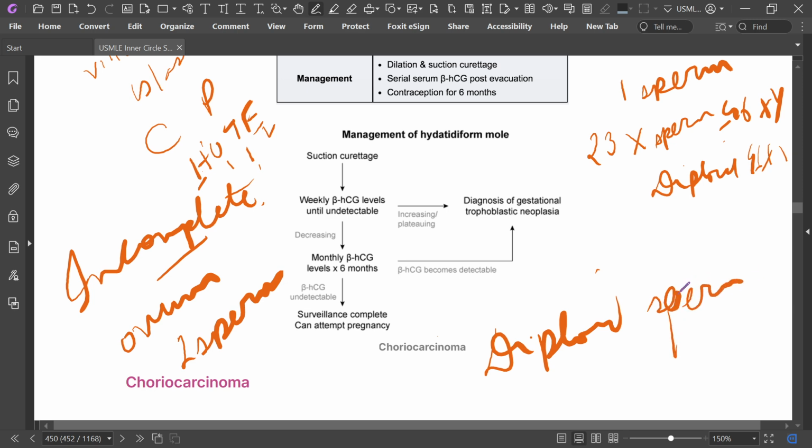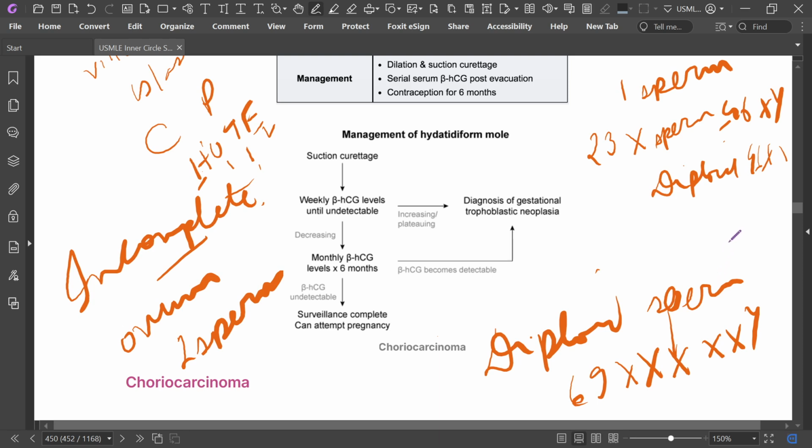The resulting partial mole has a 69 triploid karyotype, XXX or XXY, containing maternal and paternal DNA with an extra chromosome set of paternal origin.